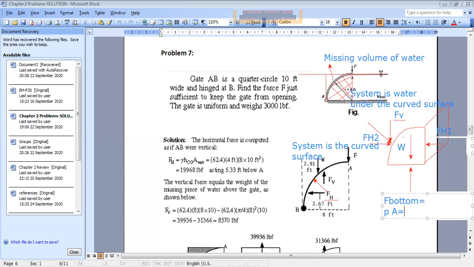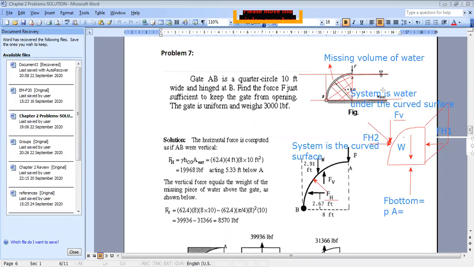Now, what is the pressure at the bottom level? To find the pressure at the bottom level, I will go back to this figure. In this figure, this is my bottom level. The pressure is the same everywhere on this line because it's a fluid at rest and I am moving in a horizontal plane.